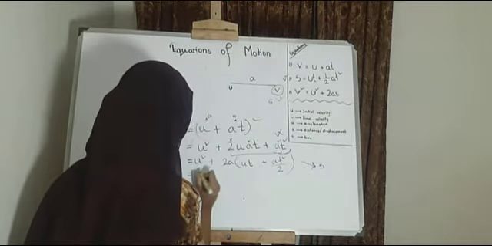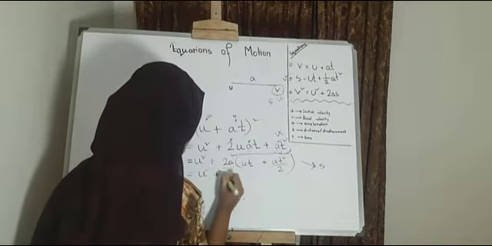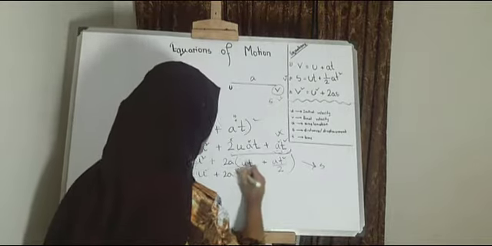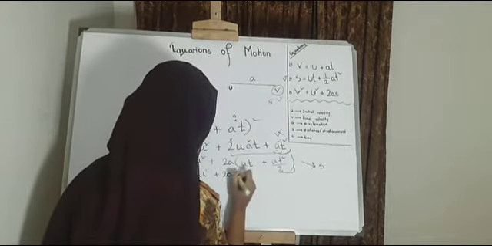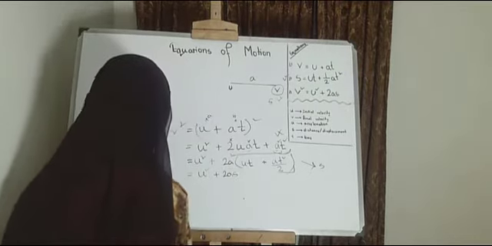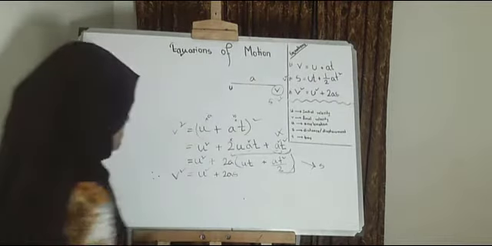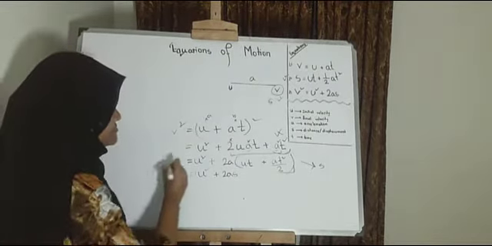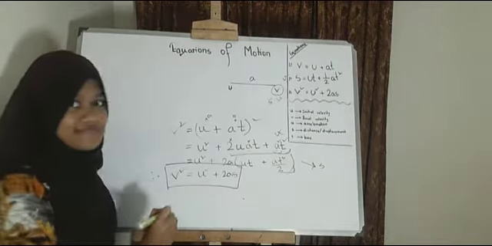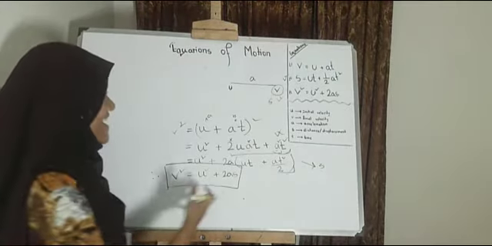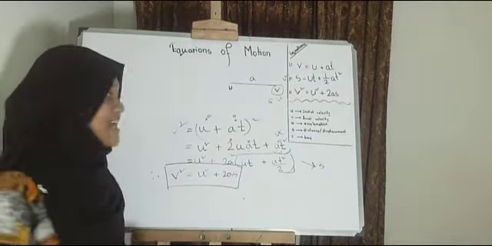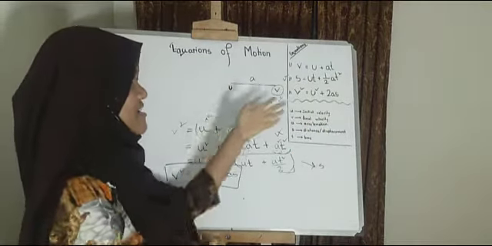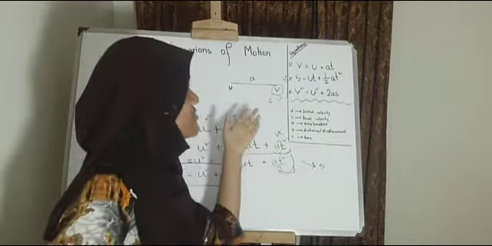So instead of the whole line, if we write s, so v squared, the answer? Yes, v squared equals u squared plus 2as. And that's the answer and the derivation of the three equations.